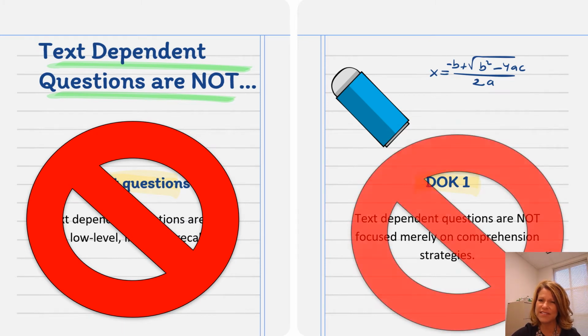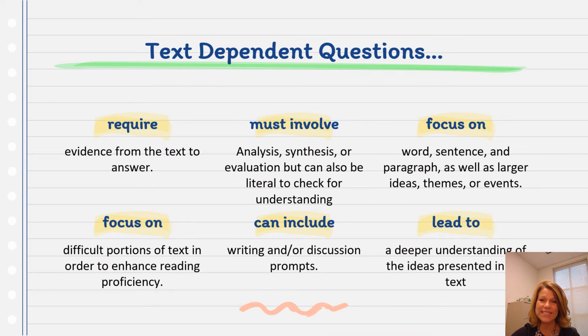So if that's not a text-dependent question, what exactly is a text-dependent question? Text-dependent questions should require evidence from the text to answer. They must involve analysis, synthesis, or evaluation, but can also check for that understanding of information presented in the text.